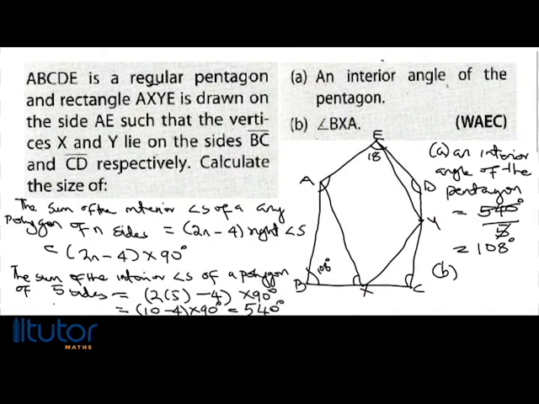Now for this triangle BAX, we know one of the angles to be 108 degrees, and the whole of this is 108 degrees. So we need to know what this is. We need to subtract this angle from this angle here.